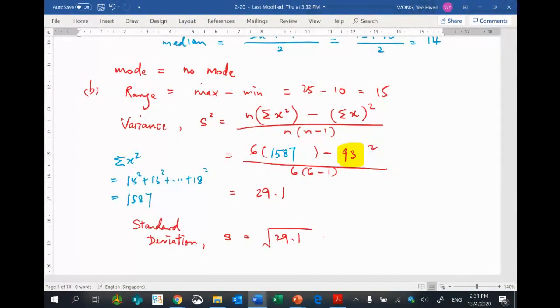You square root this number and you get 5.4. That's what you need to know when you do this calculation.